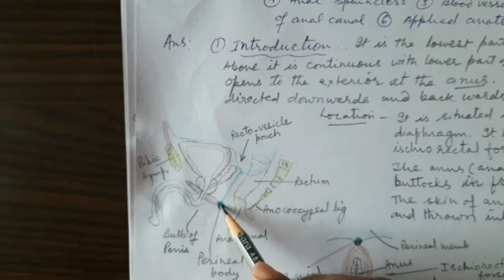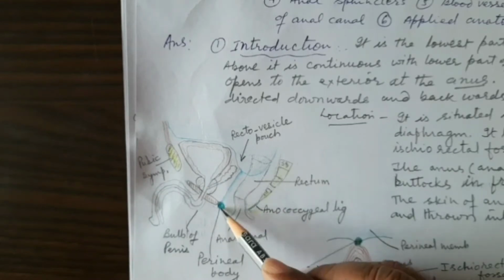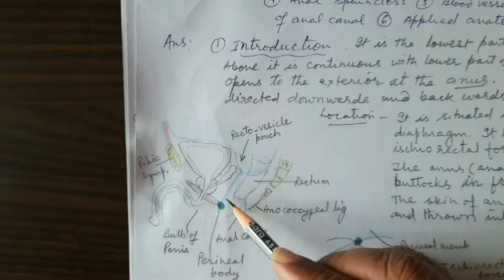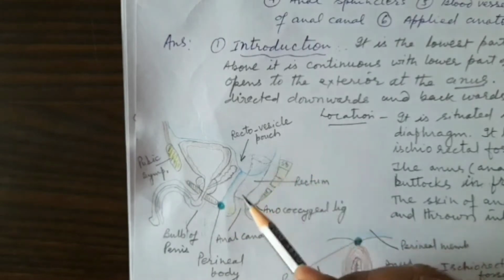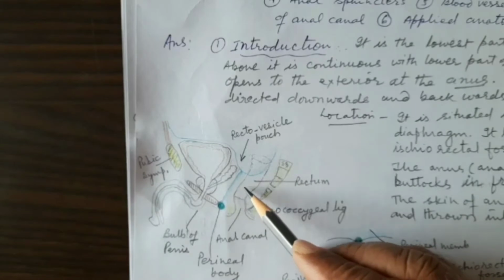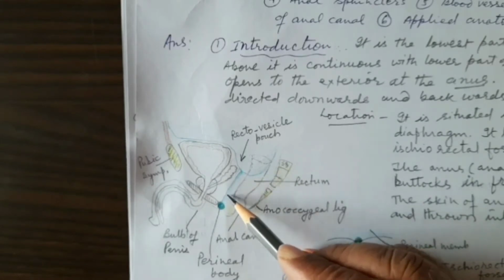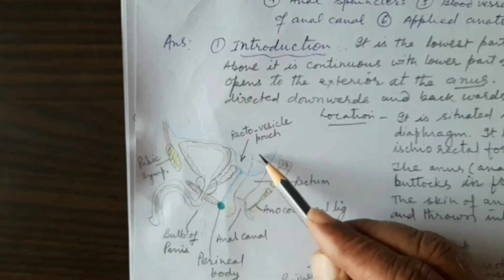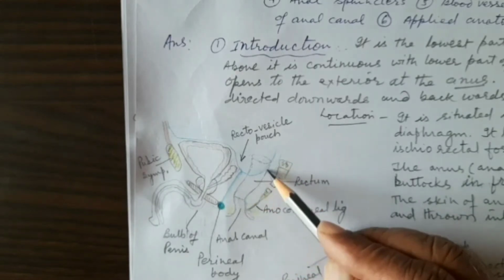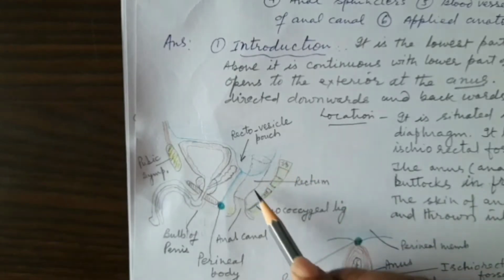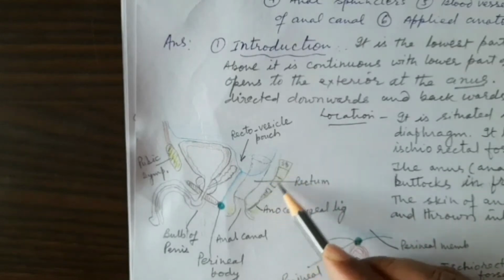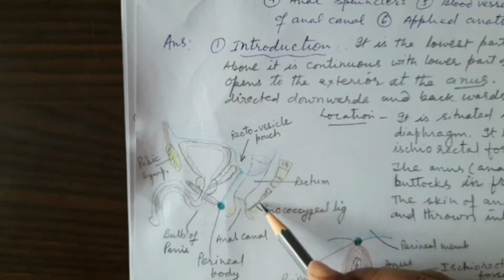Posterior to the urogenital diaphragm, this is the perineal body, and then this is the rectovesical septum, and this part is the rectum here, in front of the sacrum and the coccyx.